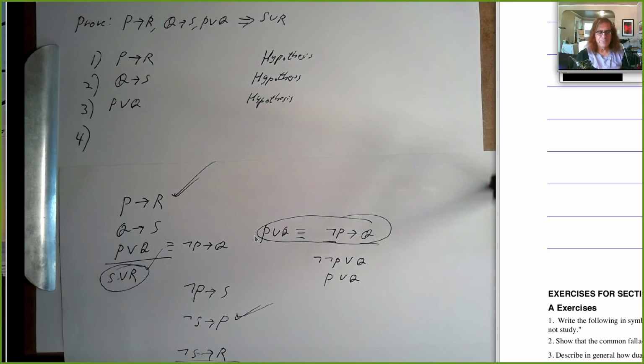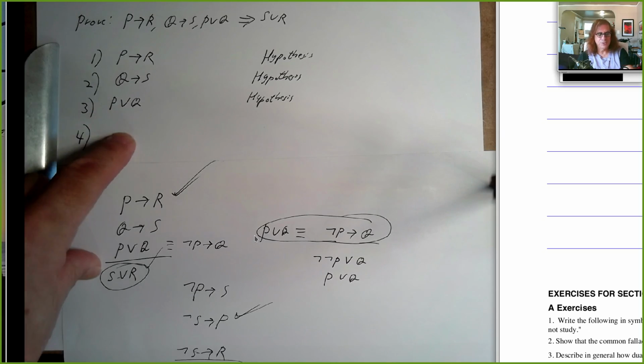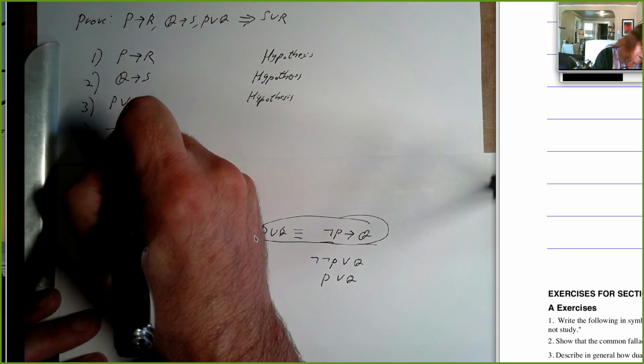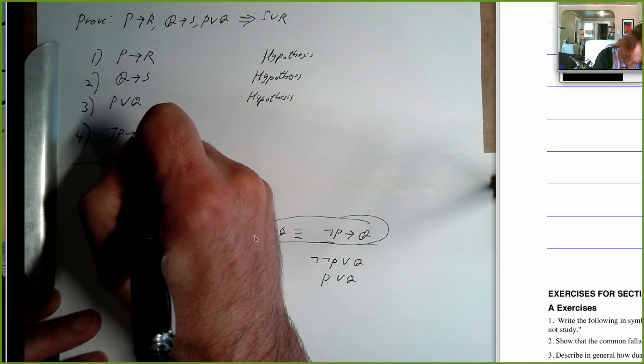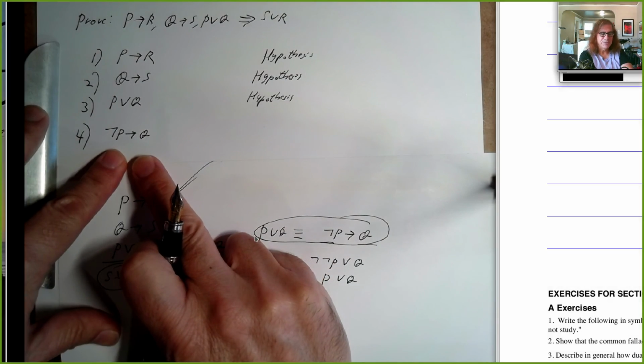All right, line 4, what did we do? We used conditional equivalence. We know that P or Q is true, because that's a hypothesis. And we have this thing called conditional equivalence, page 59 of the book, which tells us if P or Q is true, then this is also true. So I can validly write this down as part of my proof.